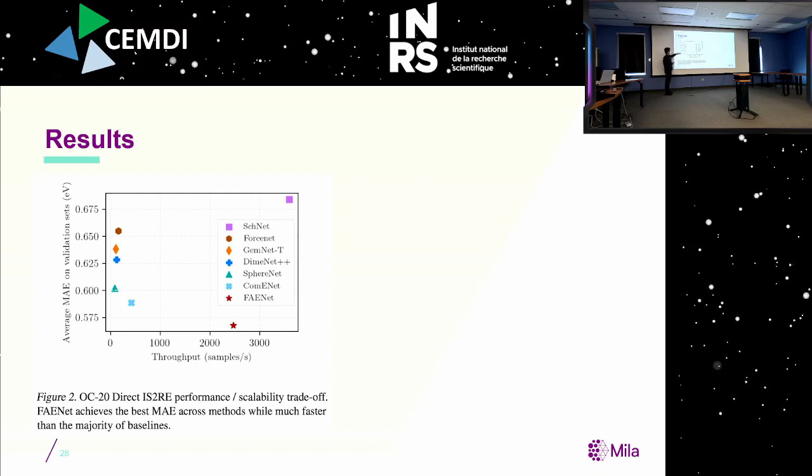So lower is better. And this is the speed. So higher is better. So it's throughput. So the fastest model is over here. Most of the models are over here. But the fastest model previously had a huge loss in accuracy. And so we're actually better than everything else. But we're almost as fast as the fastest model.